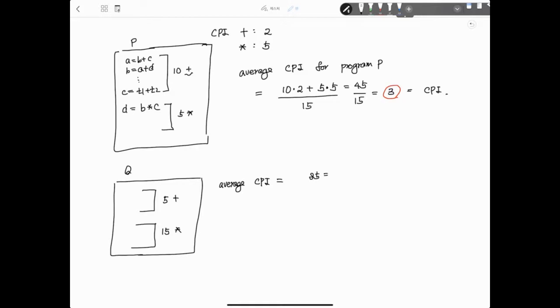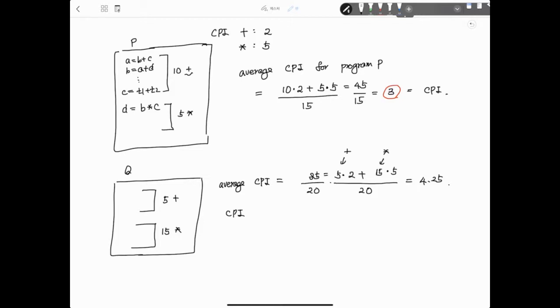Because there are 5 additions and CPI is 2, and 15 multiplications and CPI is 5. And total number of instructions is 20. So 4.25 CPI.